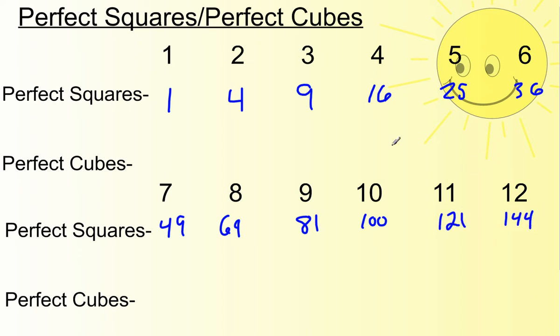All right. Perfect cubes is when you take the original number and you take it times by itself 3 times.